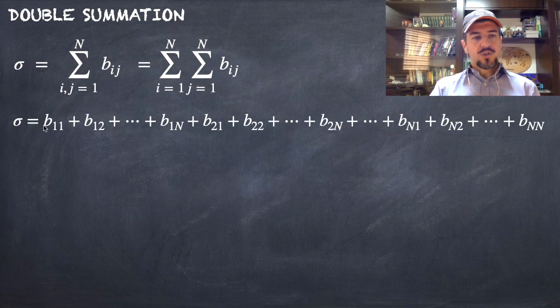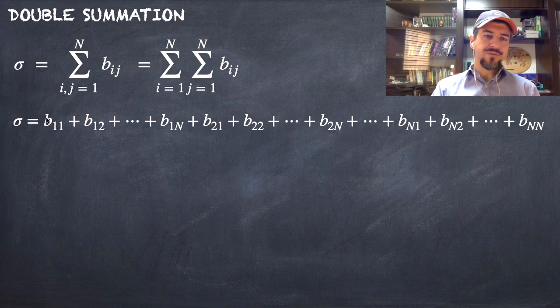Being more explicit, for sigma, let's fix i being equal to 1, and j will go from 1 to n. So we will have b11 plus b12 up to b1n.